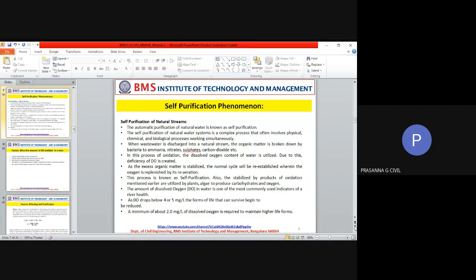So in a treatment plant, we try to do all these processes. I'll give you an example: physical, sedimentation tank; chemical, coagulation; biological, a filter. So we are trying to recreate the systems that are naturally there in nature into a treatment system to do our treatment.